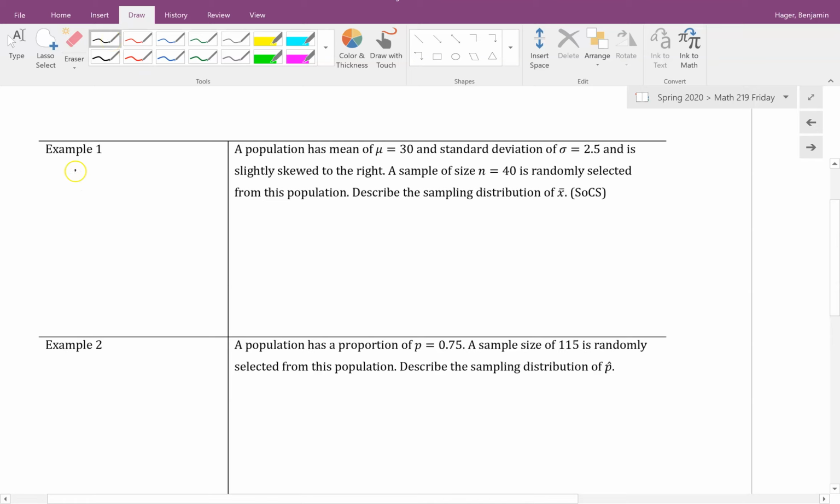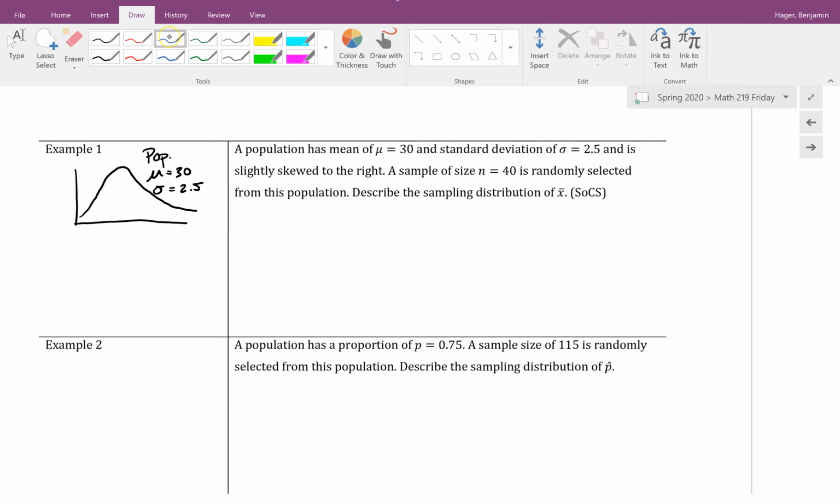Okay, so again, they're saying there's some population that is slightly skewed to the right. We know for this population there's a mean of 30 and a standard deviation of 2.5. Now, from this population, we're going to take samples of size 40. So I'm going to take 40 things, and find the mean of those.